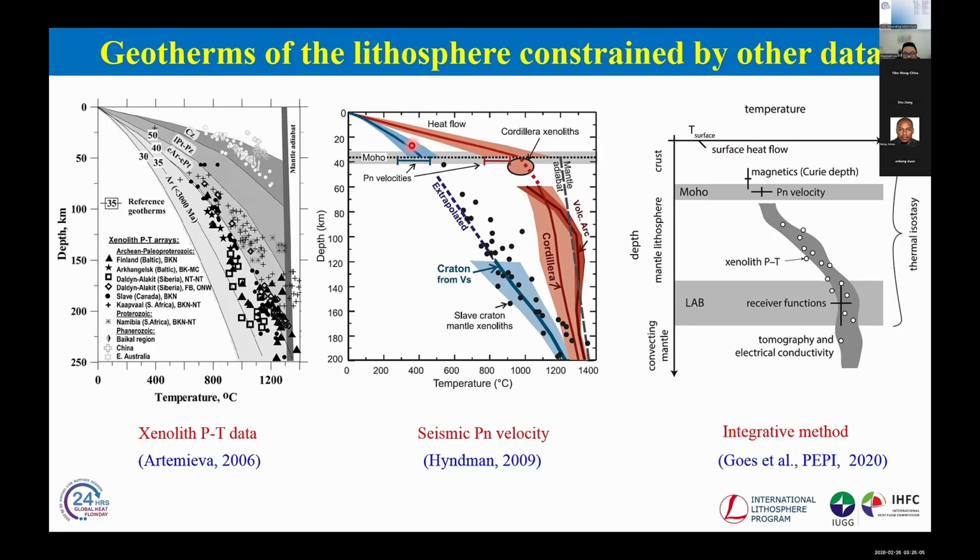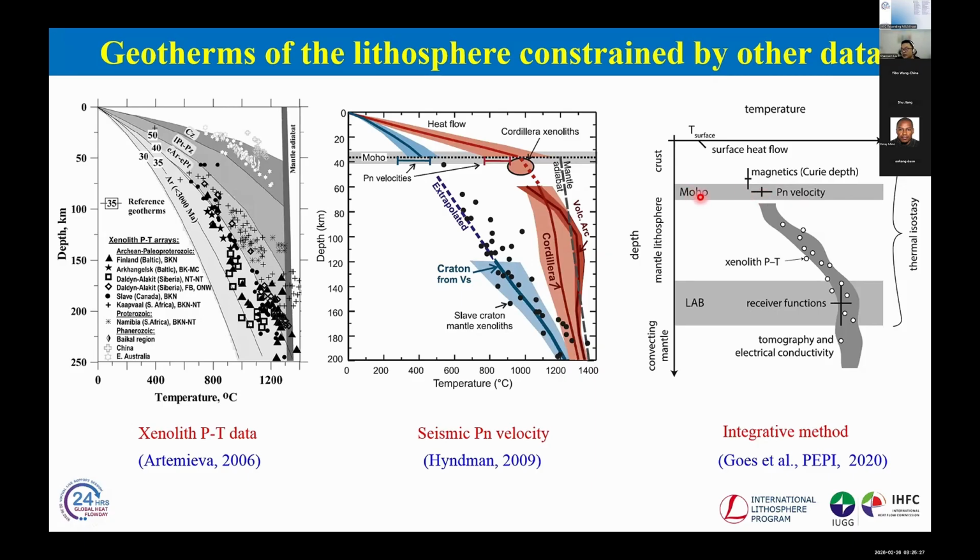For the deep part, we can use other geophysical data such as the Pn wave. This is a kind of seismic wave transmitted along the uppermost mantle. This can give some information about the temperature of the borehole.